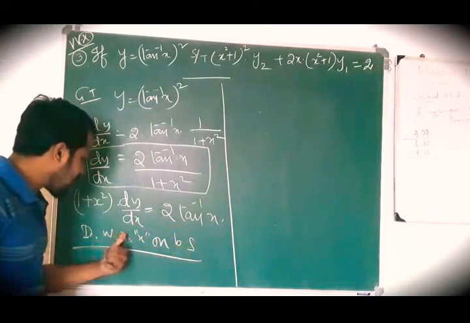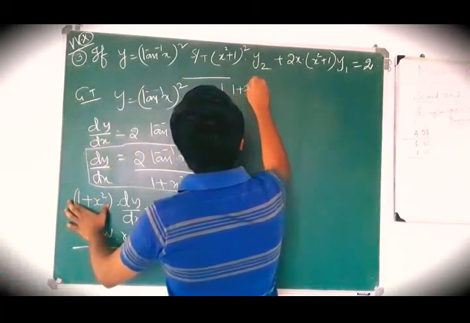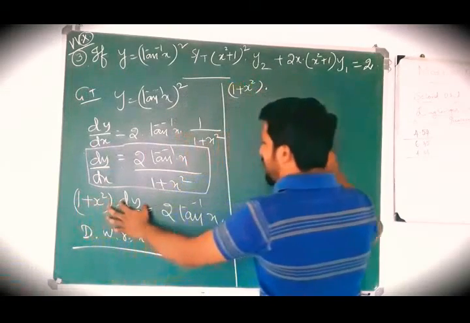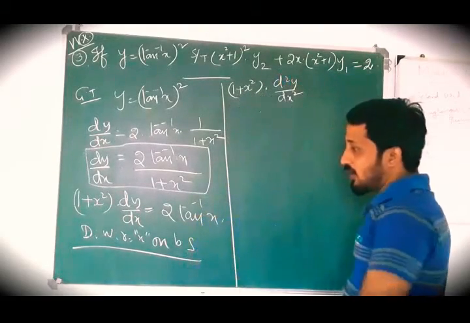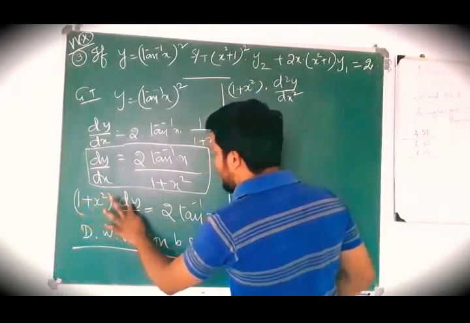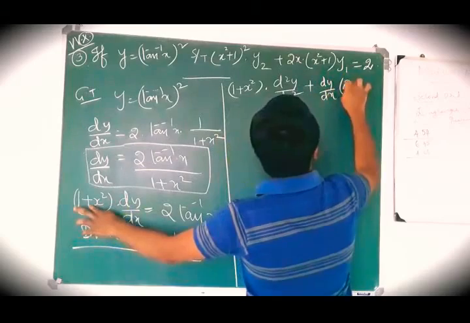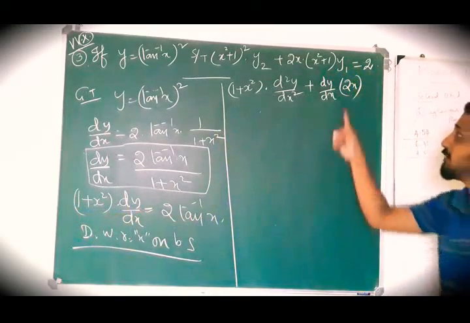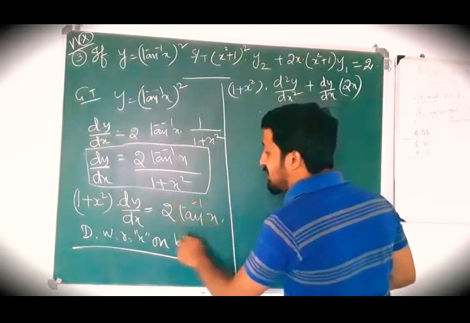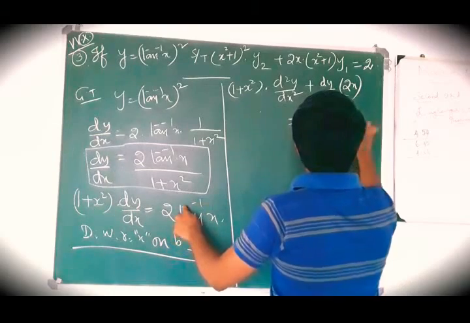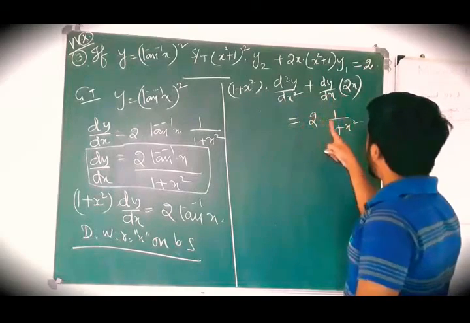So first function 1 plus x square into derivative of second function, d square y by dx square, plus second function dy by dx into derivative of first function, that is 2x, is equal to 2 into derivative of tan inverse x, which is 1 by 1 plus x square. So this term is equal to 2 by 1 plus x square.